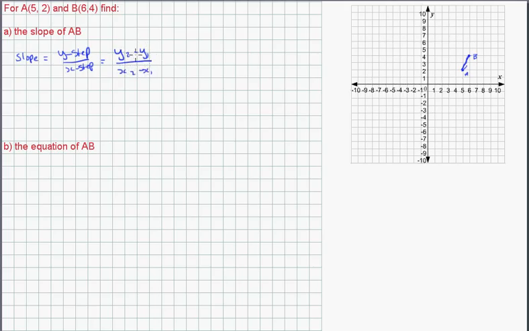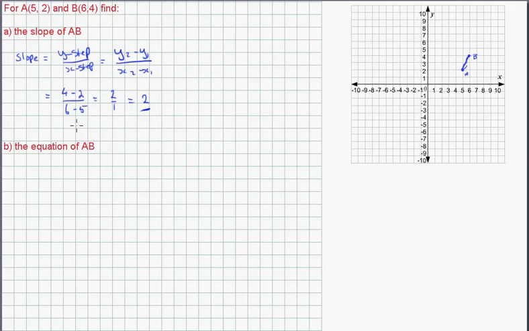So the difference in the y values divided by the difference in the x values. The y coordinate of our second point, B, is 4, minus the y coordinate of our first point, A, which is 2, and divide that by 6, the x coordinate of our second point, subtract 5, the x coordinate of our first point, which is 2 over 1, which is 2.